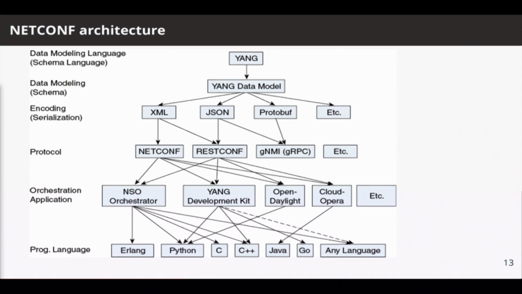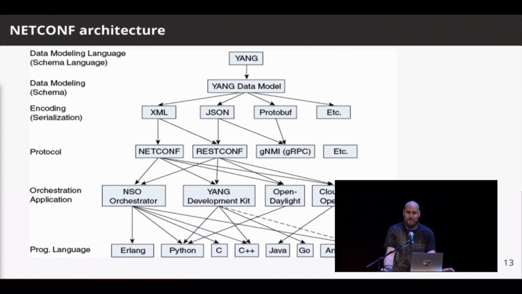Because YANG is just a modeling language, you can encode or serialize the data in a bunch of formats. XML was the first one defined. There's also JSON, for those who get bumps when they read the word XML. And of course protobuf, and actually any structured data representation you can use. And as YAML is also a superset of JSON, you can also do this in YAML if you really love YAML that much.